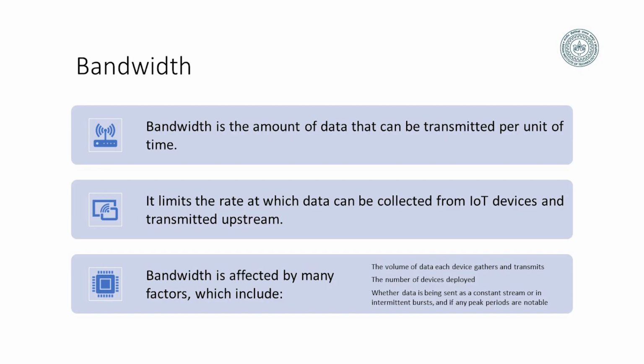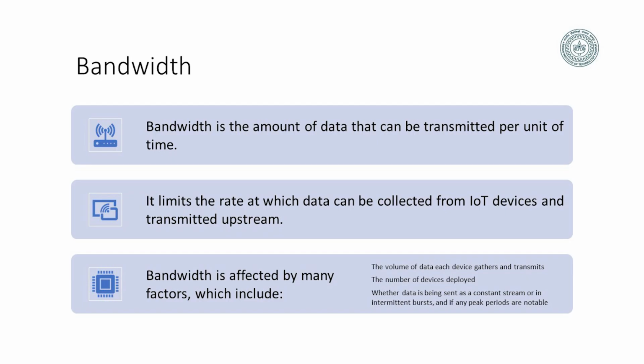Okay. So, do you have one sensor connected to it, 2 sensors, 10 sensors, 100 sensors? Okay, depends on the scale of your device as well. The number of such devices, okay, 10, 100, thousands, 10,000s, millions. Okay. And then whether the data is being sent as a constant stream or in intermittent bursts, whether you are constantly sending out the data or every 5 seconds, 10 seconds and so on and so forth, and whether there are any peak periods which are notable.